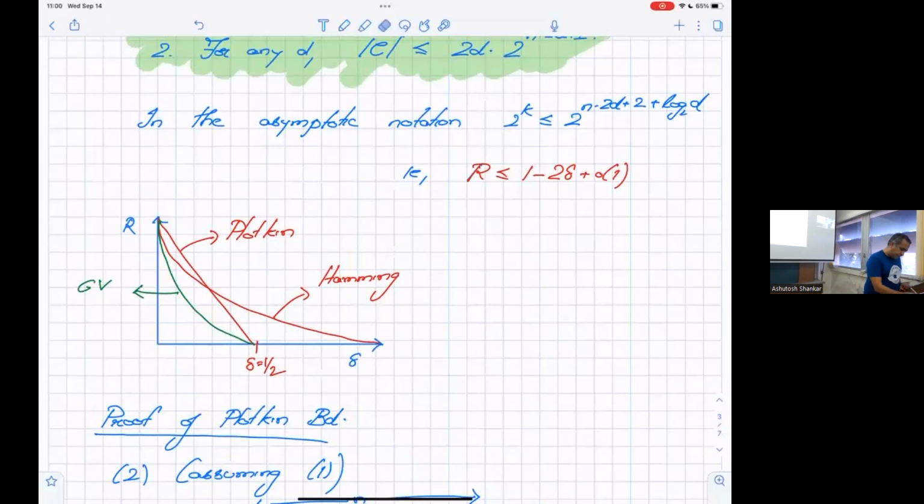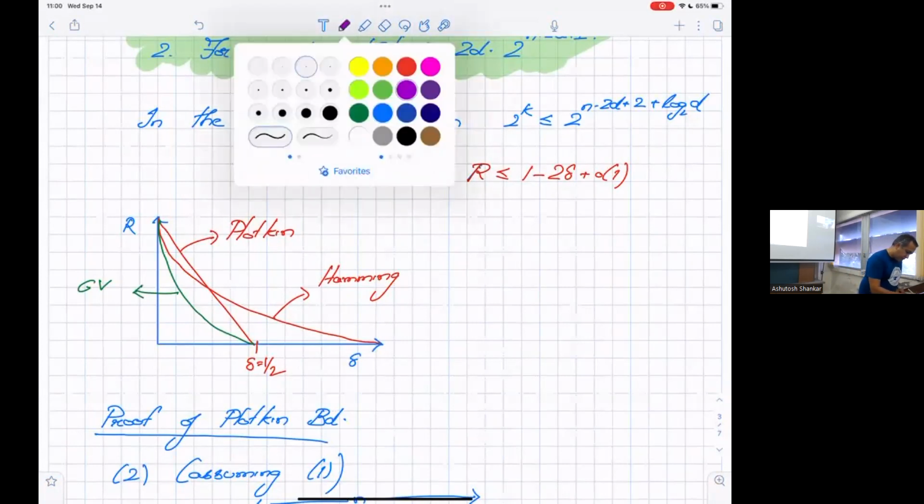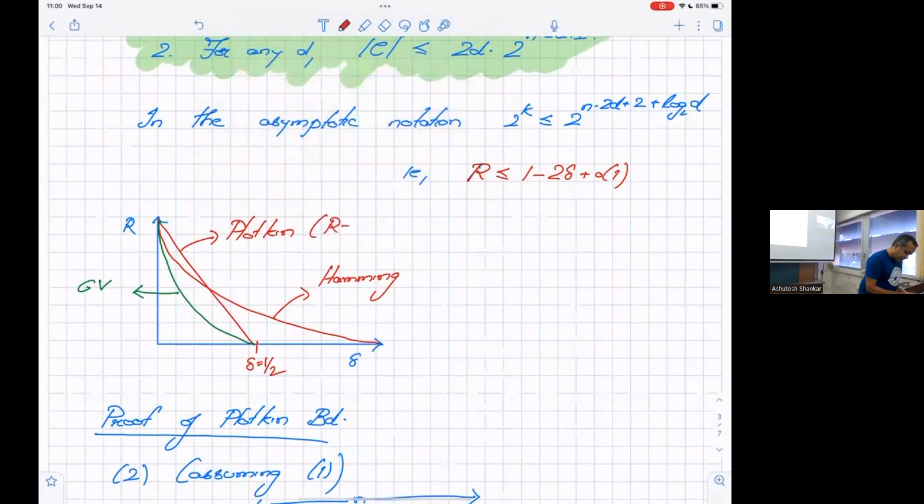Plotkin was R plus 2 delta is less than or equal to 1. Hamming was R plus H2 of delta by 2 is less than or equal to 1. These are the equality lines.